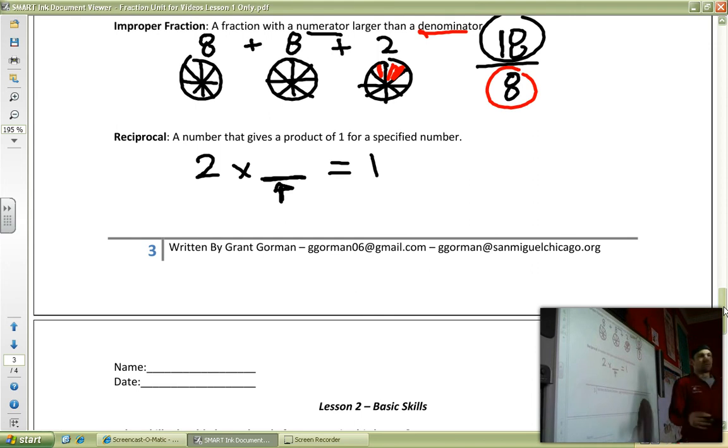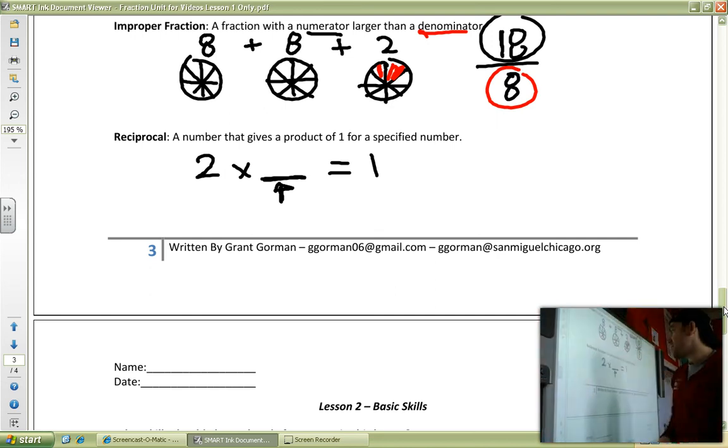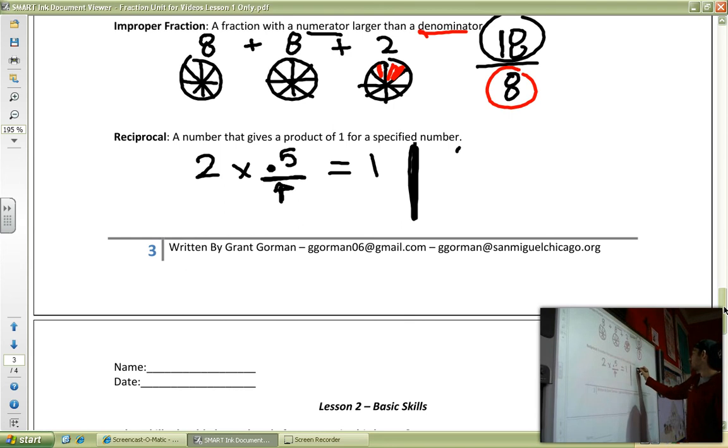Now, some of you know that what you need to do with 2 to get 1 is to break it up into 2. Well, the same thing for dividing by 2 is multiplying by half. Okay, but for fractions, we're actually going to change this 2 into an improper fraction. We can do that by 2 over 1 because 2 divided by our fraction bar 1 is 2.